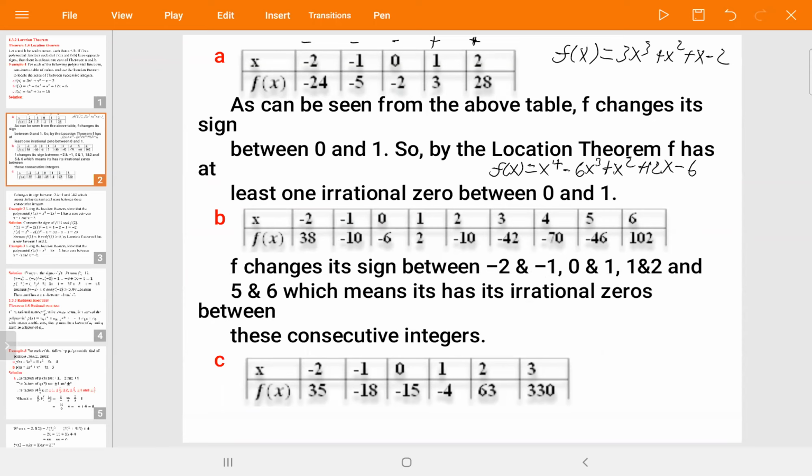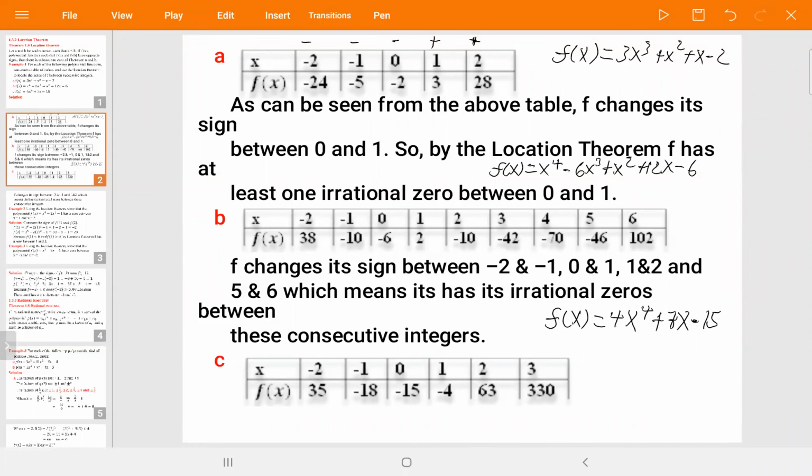The third example is the polynomial 4x to the power of 4, 7x, minus 50.